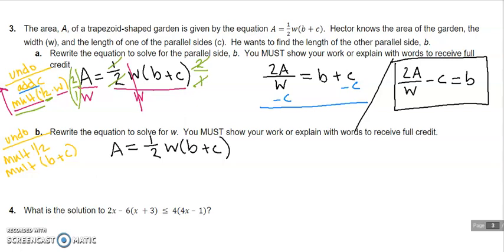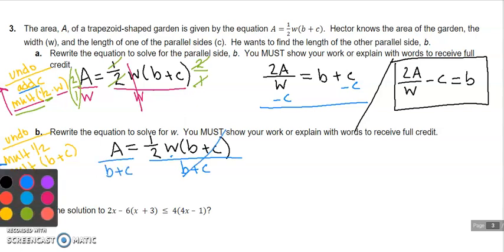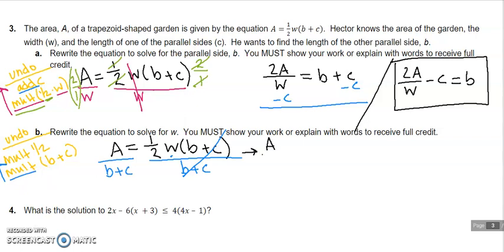like this, we're going to work it backwards. The opposite of multiplying by b over c is dividing by b over c. We're going to divide this entire thing by b over c. We're going to do the same thing over here. So we end up with a over b plus c equals 1/2 w.